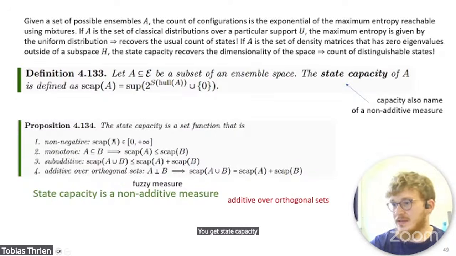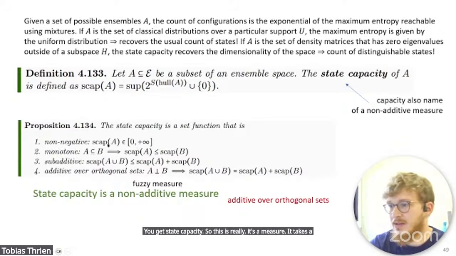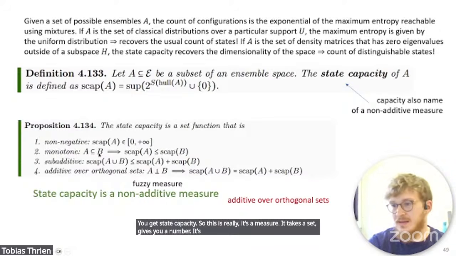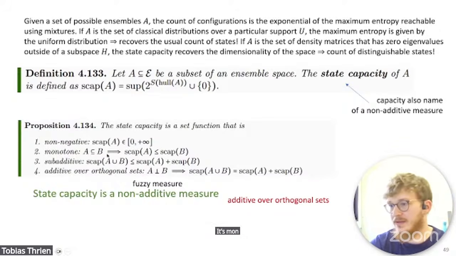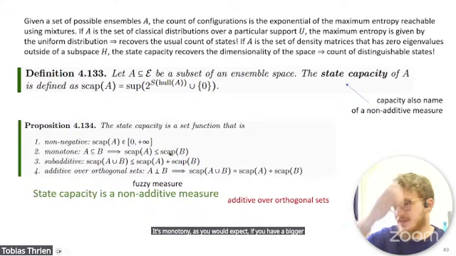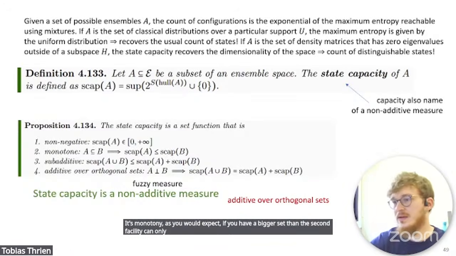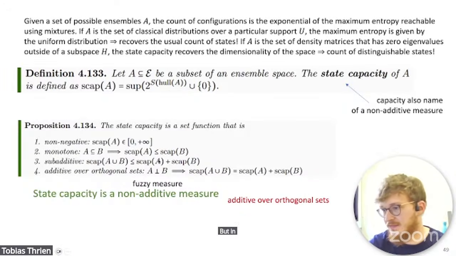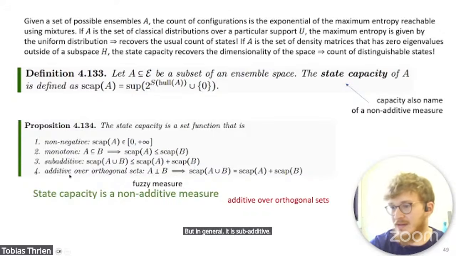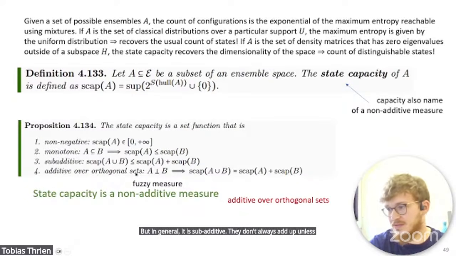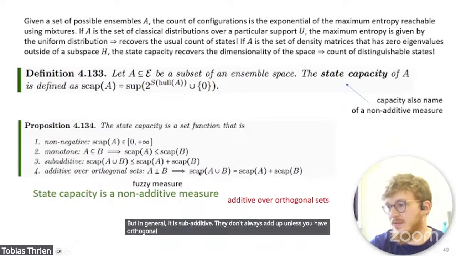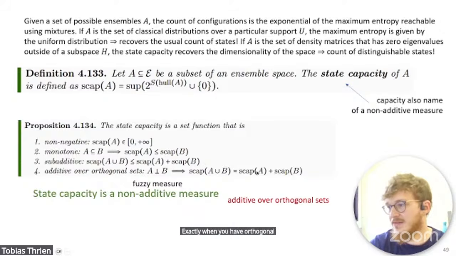So this is really a measure: it takes a set and gives you a number. It's non-negative. It's monotone, as you would expect. If you have a bigger set, then the state capacity can only increase. But in general, it is sub-additive. They do not always add up unless you have orthogonal sets. Exactly when you have orthogonal sets, state capacities add up.